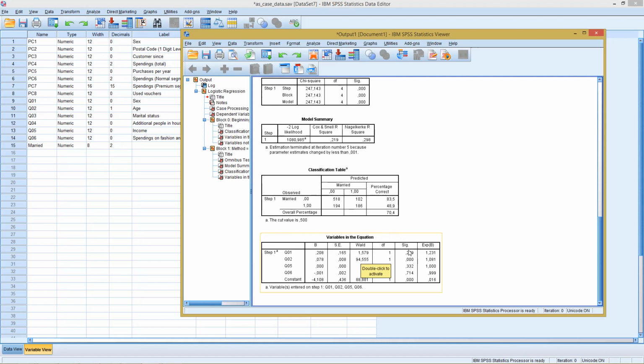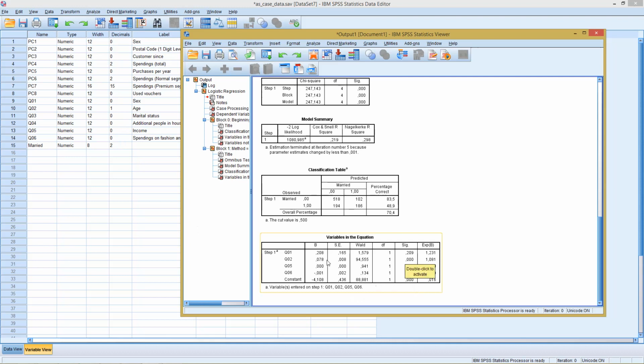So I can use these significance levels to again get an idea which of the variables have a significant impact, or in other words, which coefficients significantly differ from 0. That's the case here for Q02, which is the age, and for the constant. So we have a very simple model.